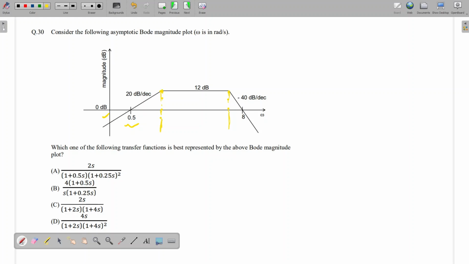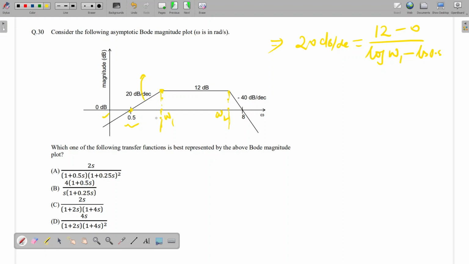See, this is there. So here 12 dB. This straight line is 12 dB, and this is 0. So omega 2 we can calculate. This is omega 1, and this is, let's say, omega 2. So 20 dB per decade should be equal to y2 minus y1 divided by x2 minus x1. So y2 is 12 dB. So 12 minus 0 divided by log omega 1 minus log 0.5. For this line I am writing the slope. This point I know is 12 dB, this point is 0 dB.